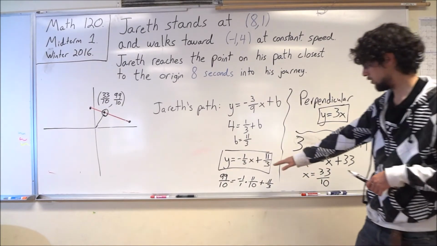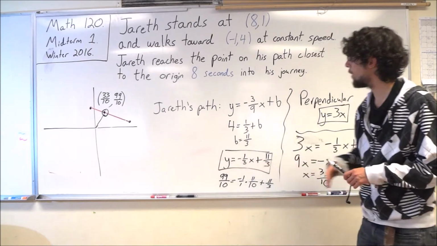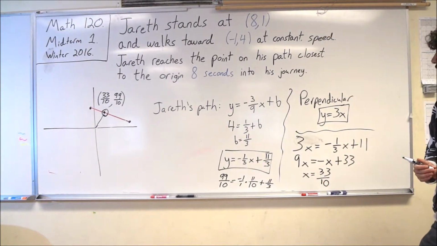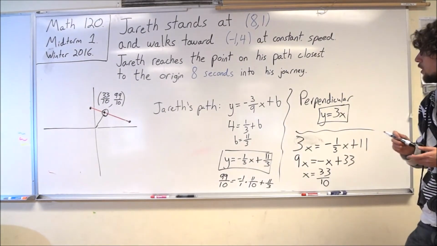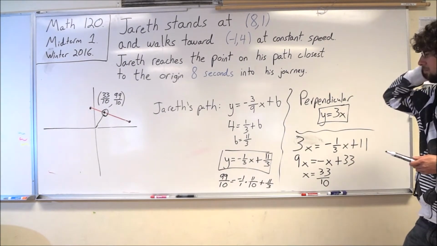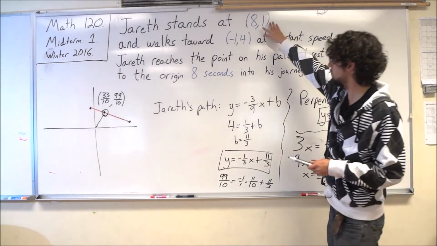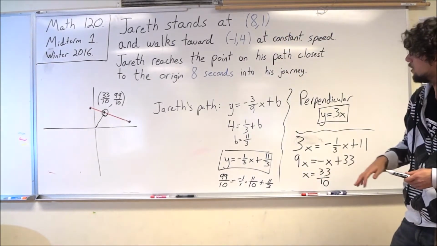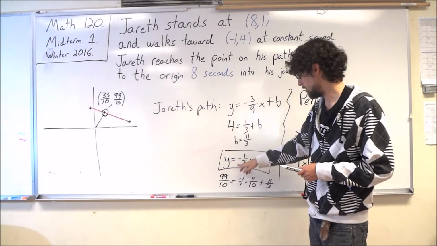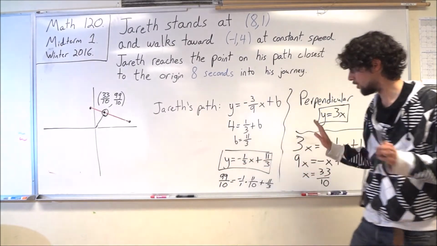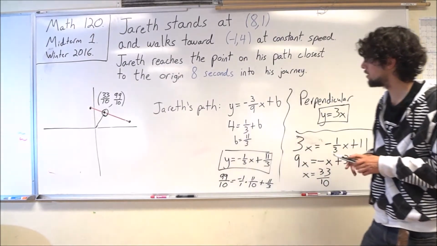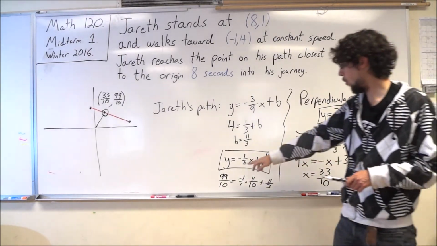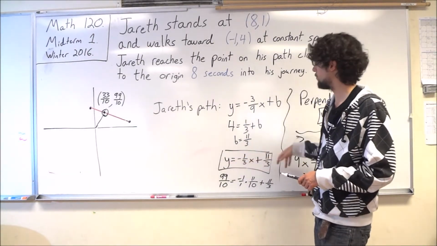So let me first look at this and see whether I'm happy saying that this is Jareth's path. If I plug in these 2 points, do I actually find this equation to hold true? If I plug in this point, I get that 1 equals negative 8/3 plus 11/3. I'm happy about that. And if I plug in this point, I get that 4 equals 1/3 plus 11/3.